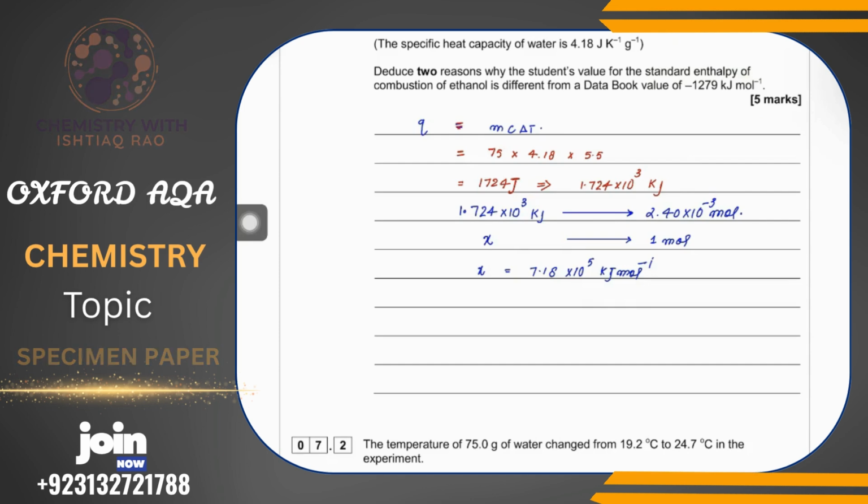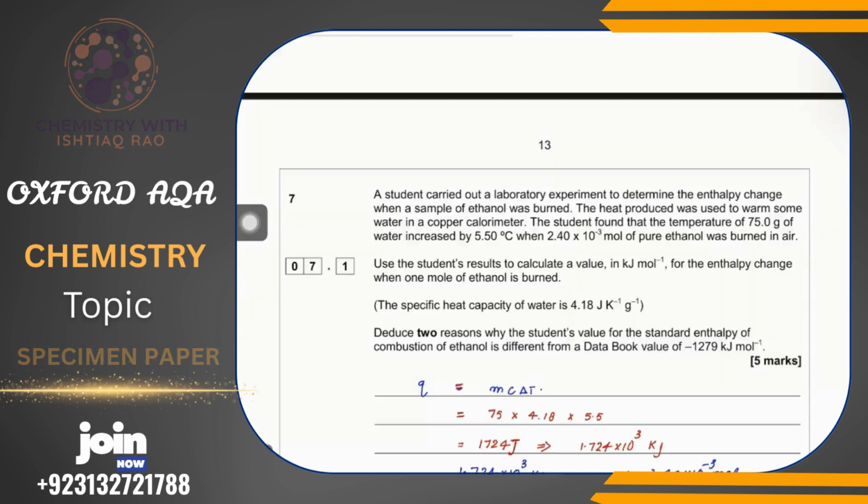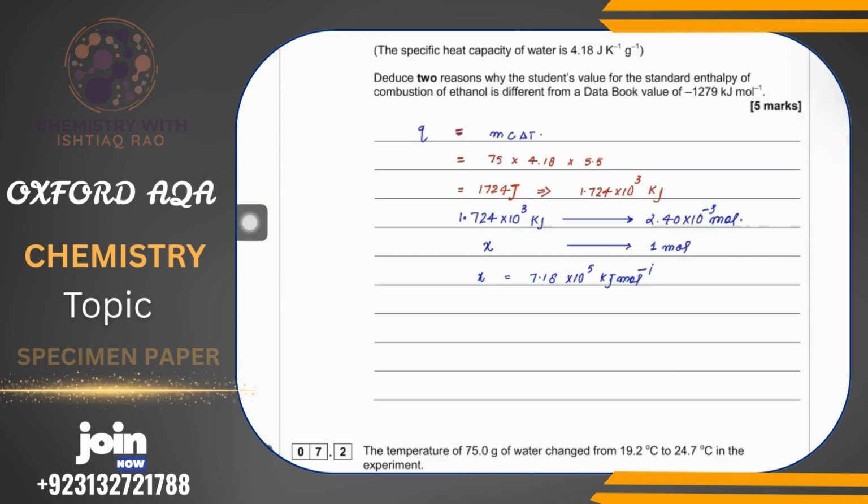So I can say that there is heat loss when I was doing the experiment. Let's suppose the tripod stand is made of iron, so iron is going to absorb heat.